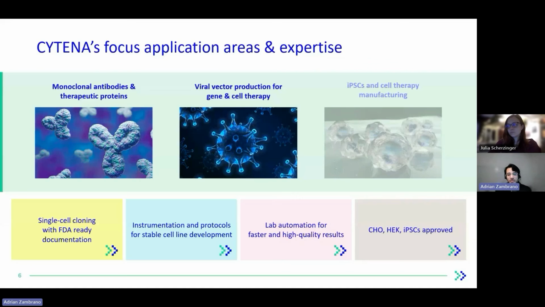We support all the areas around the knowledge and expertise of the single-cell cloning part, and this experience helps us provide you with in-depth application support and protocols. Specifically for today, we'll be focusing on these first two applications, but please stay tuned for upcoming events from Cytena, especially on the know-how content.